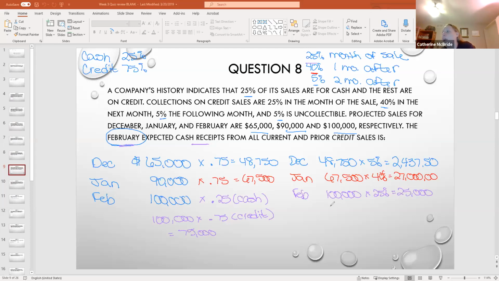So we also have 75,000 on credit times 25% for the month of the sale, or 18,750.